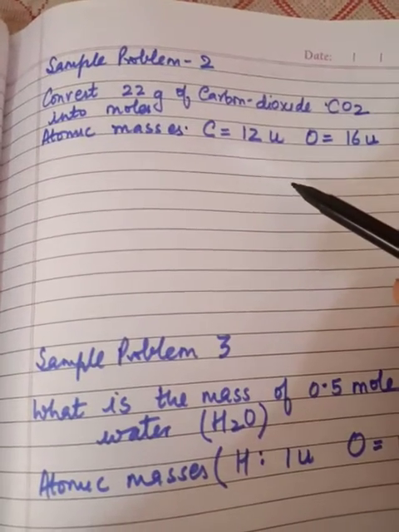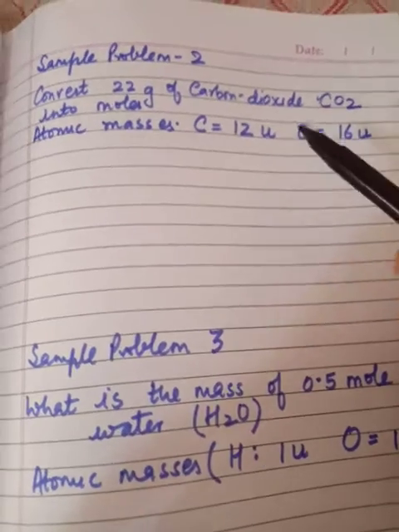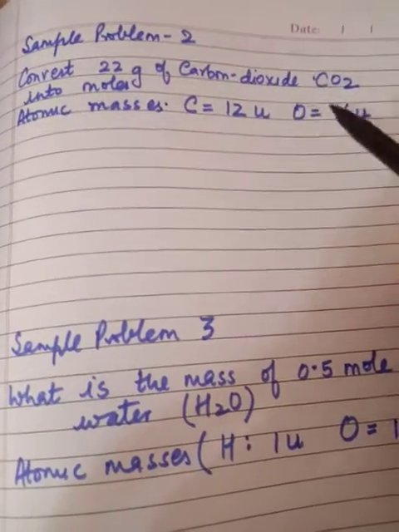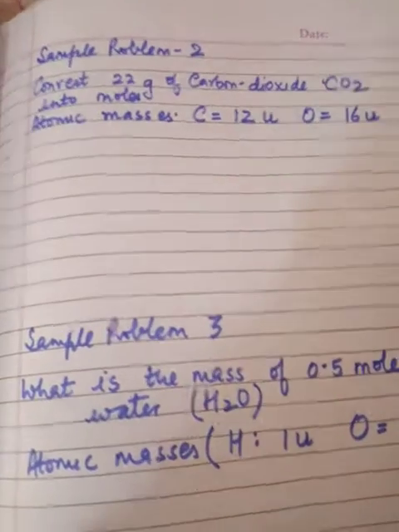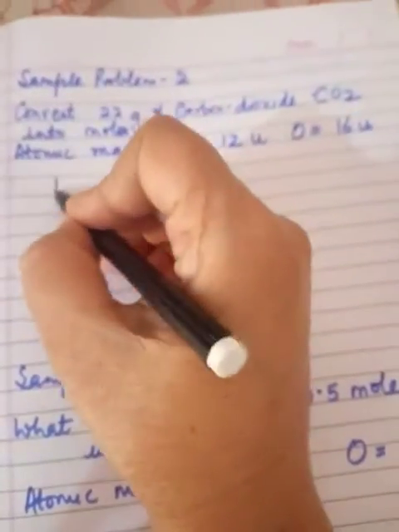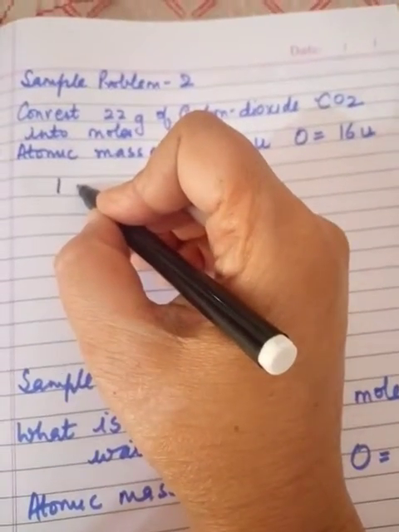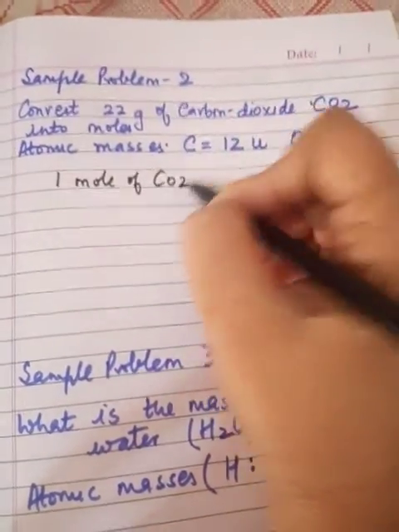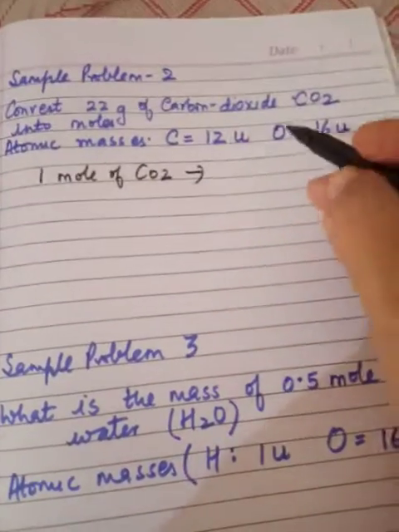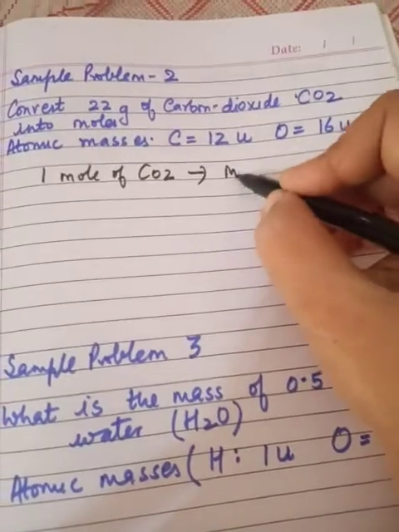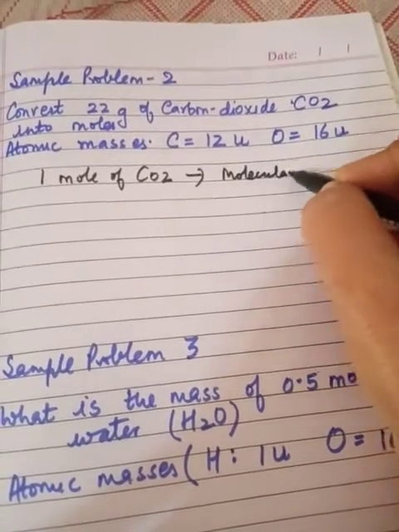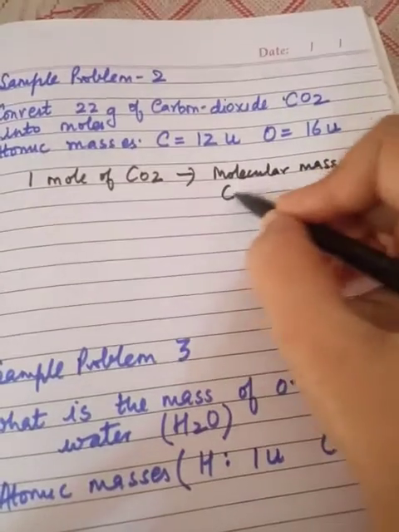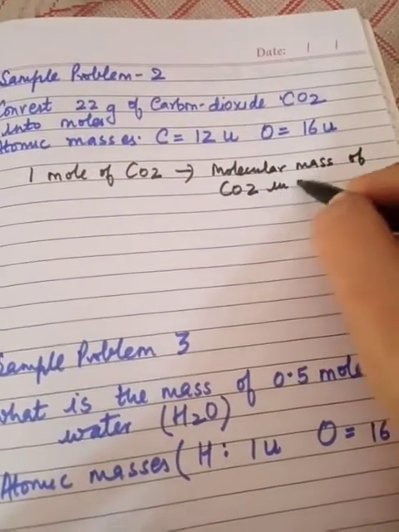First of all, we will calculate the mass of 1 mole of carbon dioxide by using these values of atomic masses. So for that, 1 mole of carbon dioxide is the molecular mass of carbon dioxide in grams.